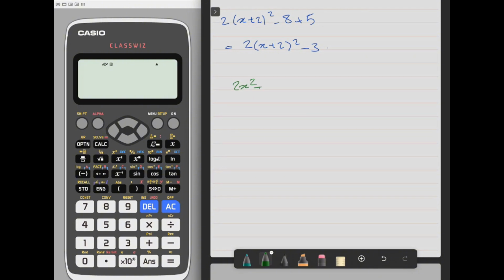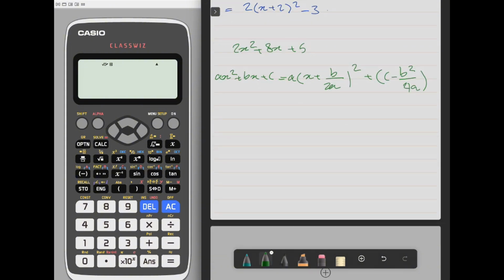If I had ax squared plus bx plus c, it would become a times x plus b over 2a in brackets squared, plus c minus b squared over 4a in brackets again. So, what is my a? A is equal to 2. What is my b? B is equal to 8. What is my c? C is equal to 5.